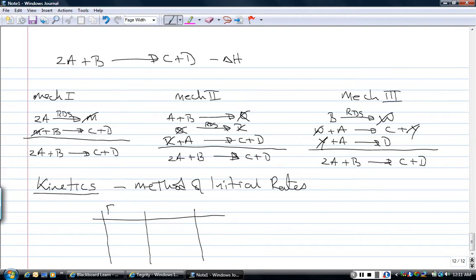And I'm going to measure some initial concentration of A, some initial concentration of B. I'm going to measure the rate of the reaction, and then I'm going to get the relative rate of the reaction.